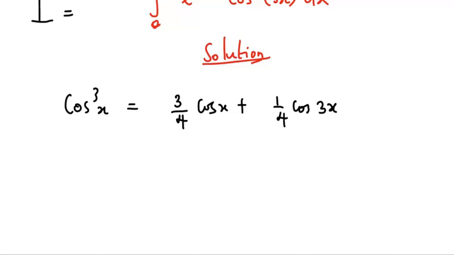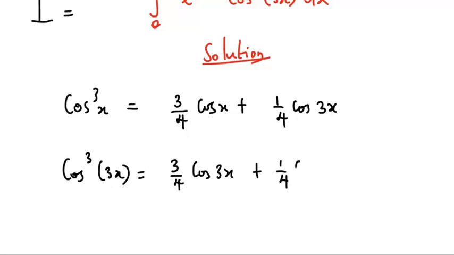So this applies nicely: the cosine cubed of 3x is going to be equal to 3/4 the cosine of 3x, then plus 1/4 the cosine of 9x.